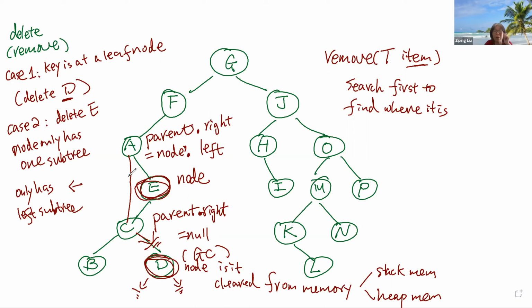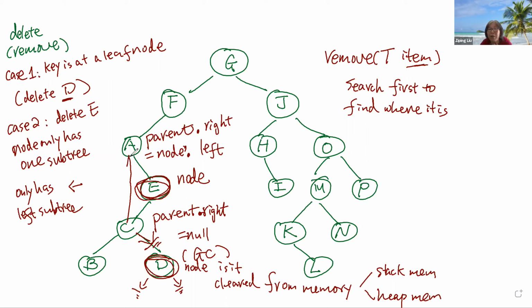What Nathan explained is that this C will not be on A's left. There is no way, because this C subtree is E's subtree, and E is on A's right. A's whole right subtree is going to be greater than A, so there is no way it can be less than A. So you don't need to worry about the comparison.